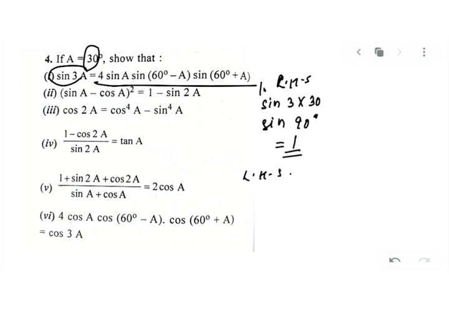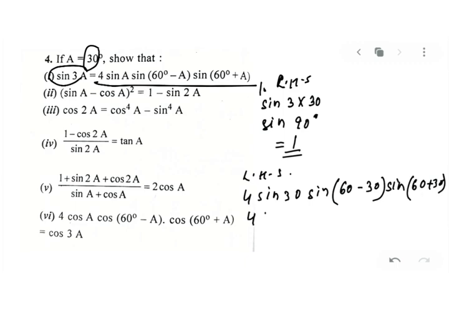Now I'll work on the right hand side. On the right hand side you have 4 sin A, that is 4 sin 30. Then sin (60 minus A), that is 60 minus 30. Again sin (60 plus A), that is 60 plus 30. So that will be 4 sin 30 value. You know very well sin 30 is half, into sin 60 minus 30, that is sin 30.